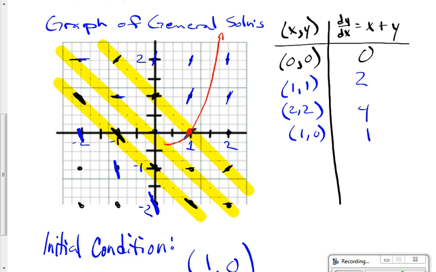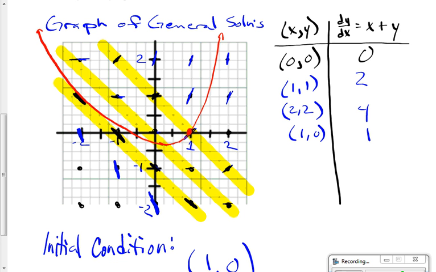It's going to follow the tangents, so something like this, approximately. It's not perfect, but we can't solve this one using any algebraic method, so all we can do is generalize and visualize a particular solution, okay?